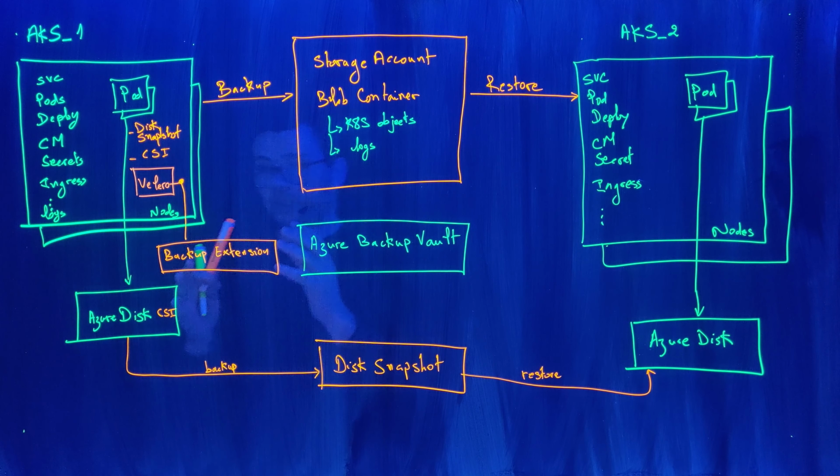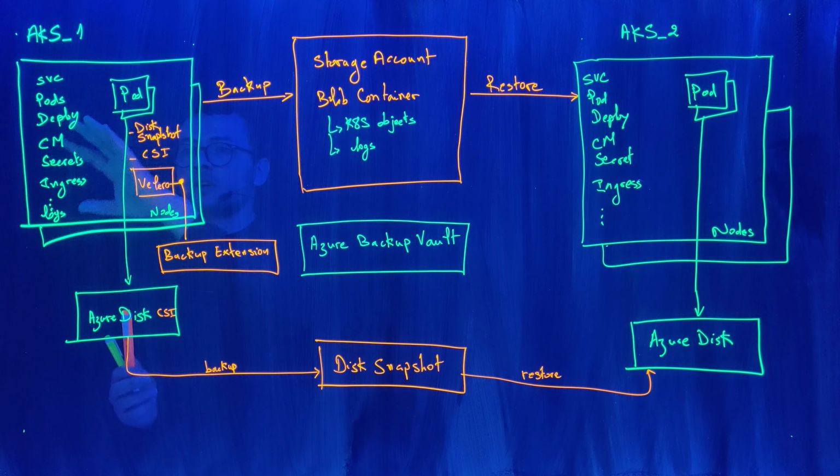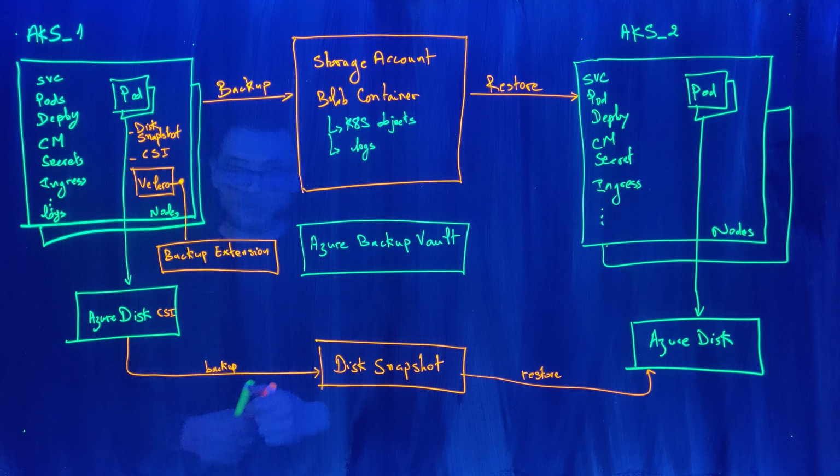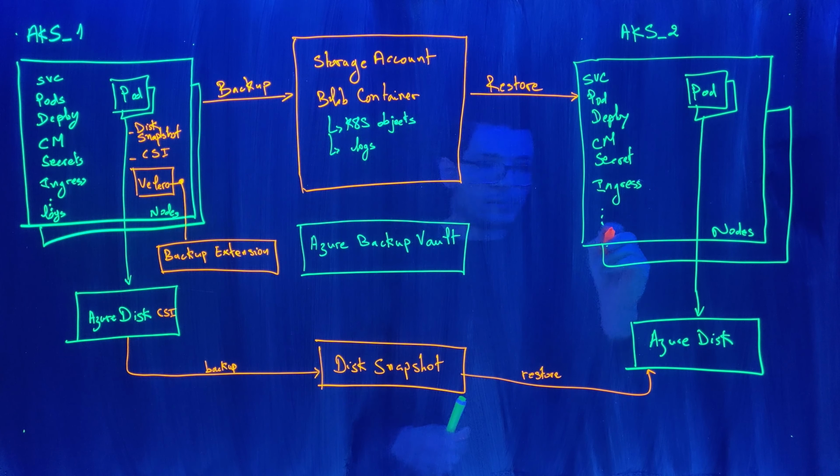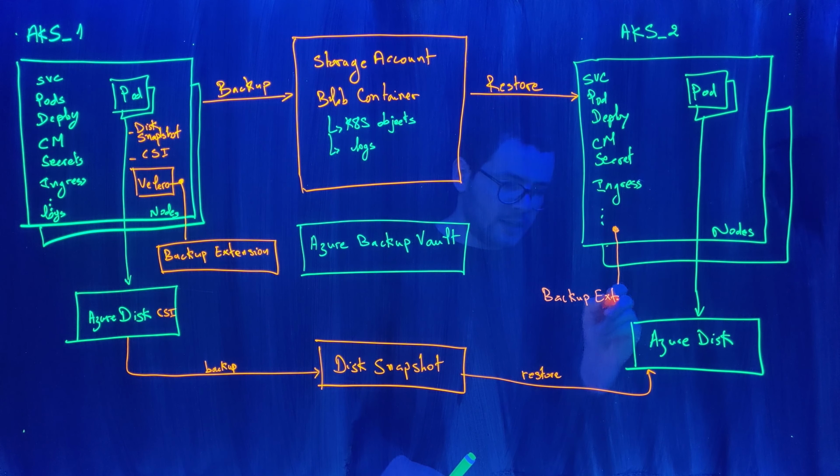It's not the entire Velero open source project, it's the Velero plugin for Azure, which supports operations like creating the snapshot from an Azure disk, restoring or backing up the disk, and the Kubernetes files. So we need to have this extension installed in the first cluster, and also in the second cluster so that we can perform the restore operation. That's the first thing to do after creating the cluster. Let's add that here.